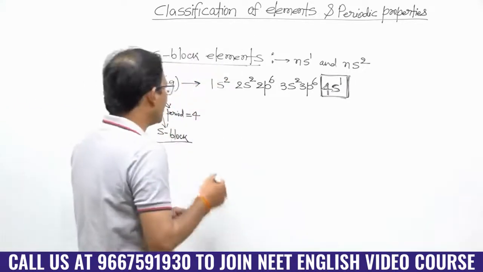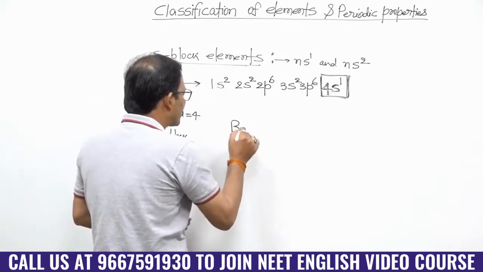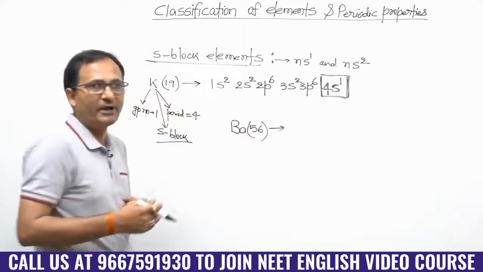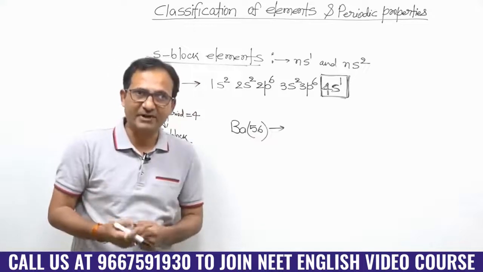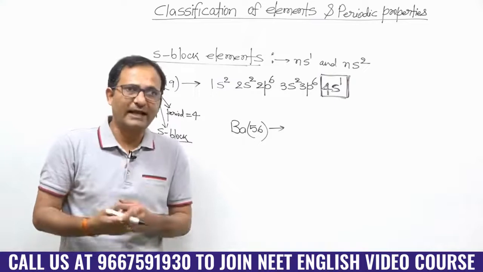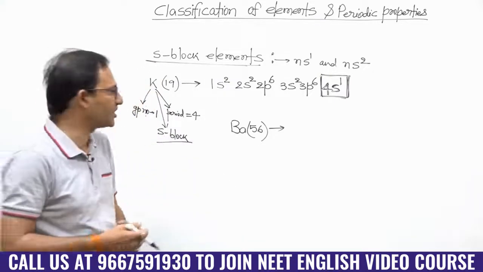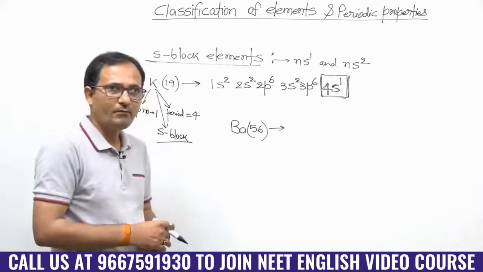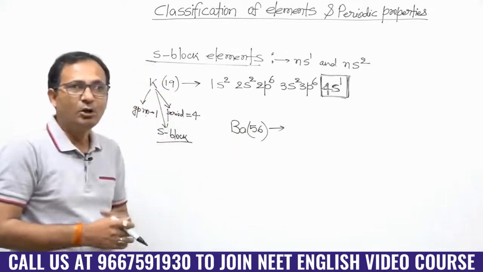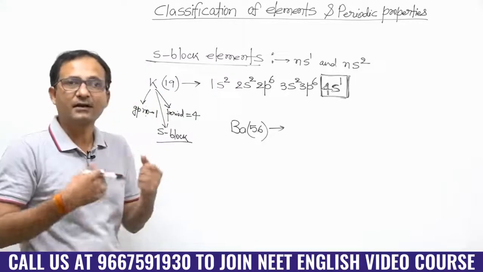As for example, if I have to write the ground state electronic configuration of barium, the atomic number of barium is 56, and therefore write its noble gas configuration or condensed electronic configuration. As you know, before 56, which noble gas comes?